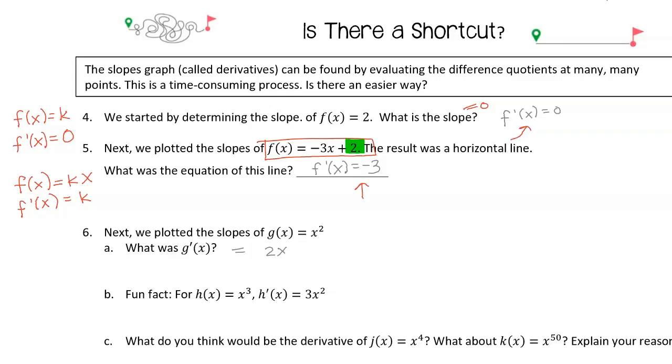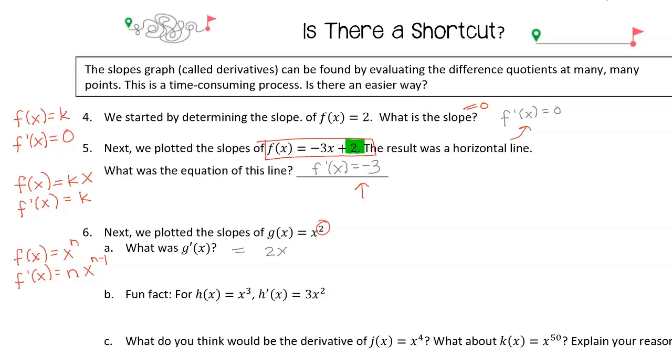Next, we plotted the graph of g of x equals x squared, and the derivative was 2x. So if I have f of x equals x to the n, then the derivative will be n times x to the n minus 1.